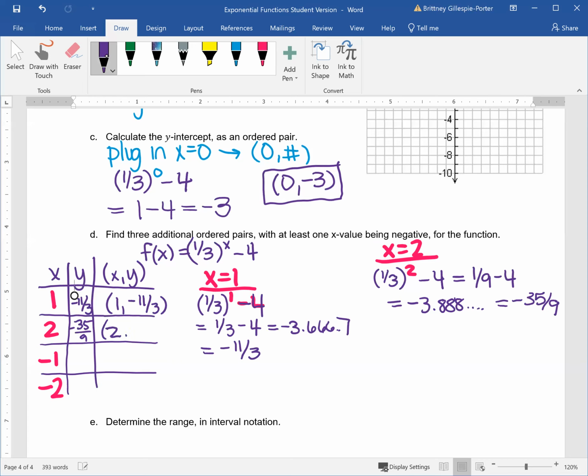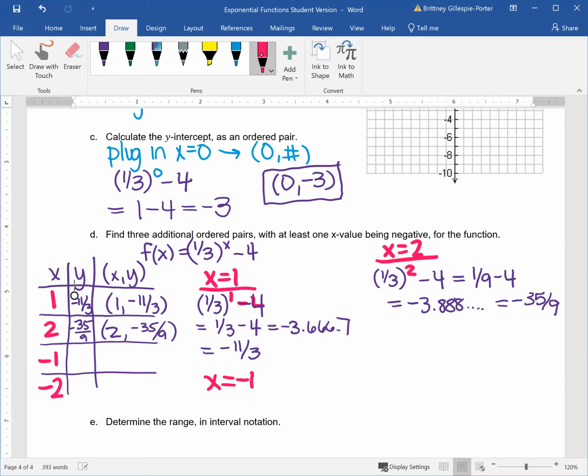So we have our ordered pair 2, -35 over 9. Notice that we're getting closer to -4. We went -3.6666667, -3.8888889.